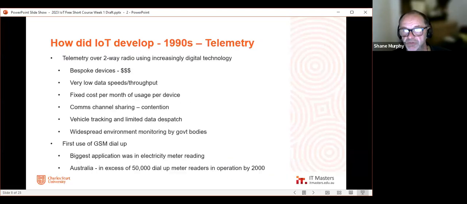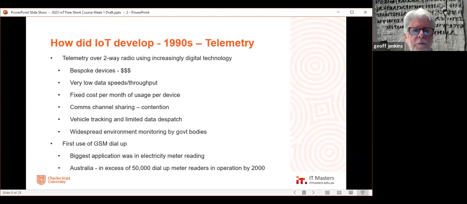Shane, the SCADA origins are really interesting, aren't they? Because these original systems were quite complex and quite capable. And what you say is true. The only limit on the number of devices and the amount of data you could collect had nothing to do with the machines. It was the actual cost of the devices.